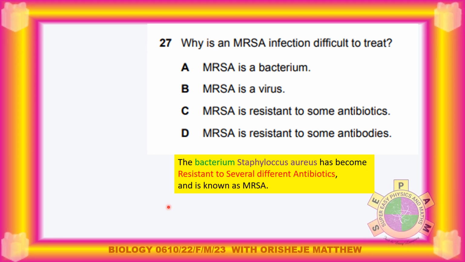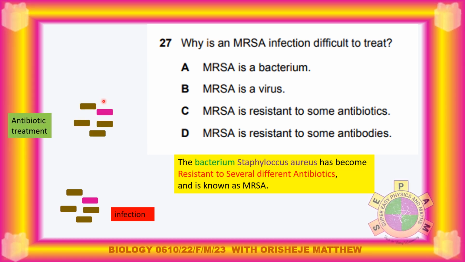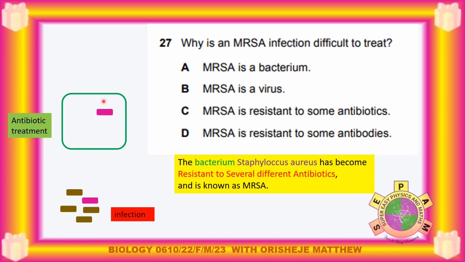If somebody is infected with this group of bacteria, and the person takes antibiotic, so giving antibiotic treatment, the antibiotic is going to eliminate some of the bacteria from the body, while some of them are resistant, so they will refuse to die, and then eventually they will multiply rapidly because it's difficult to treat.